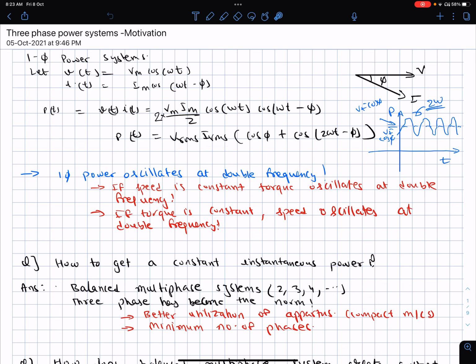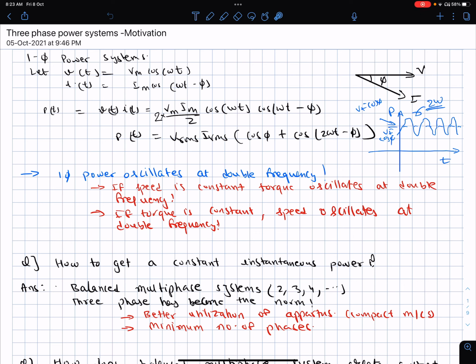It is Vrms Irms. So in fact, this amplitude is not drawn in the figure properly. Vrms Irms cos phi in magnitude is always less than Vrms Irms. So significant amount of oscillation is going to happen with such an instantaneous power.